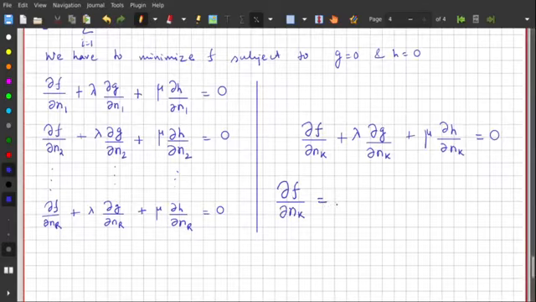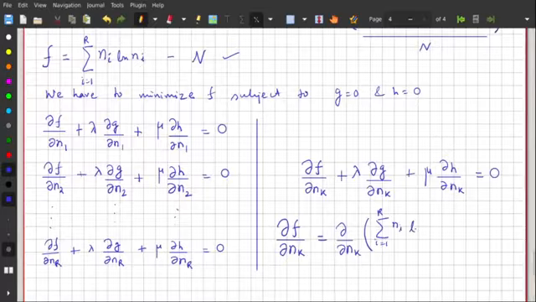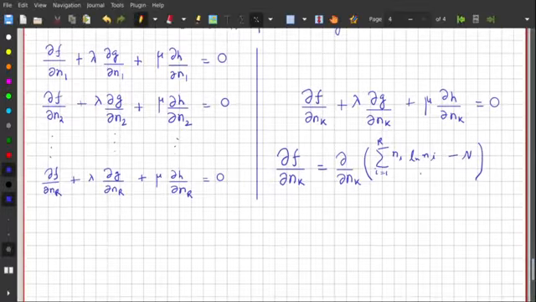Okay, so partial f partial nk is partial with respect to nk, and remember what f was. So f is the sum i equals 1 to r of n sub i log n sub i minus n. And remember n1, n2, n3, all those are independent variables. You can vary the number of particles in each of the energy states independently. Okay, so the only derivative we are concerned about is the kth derivative basically.